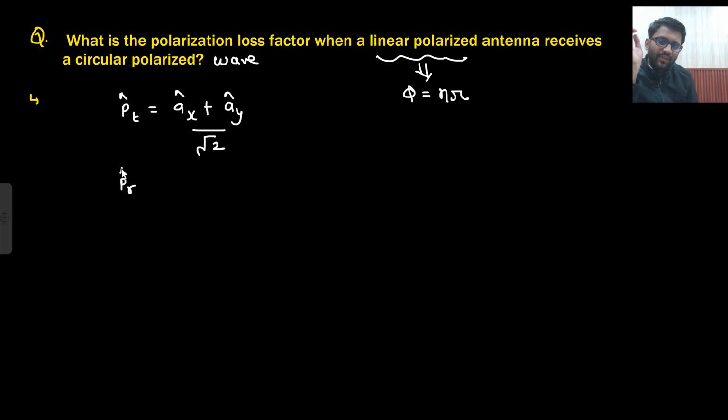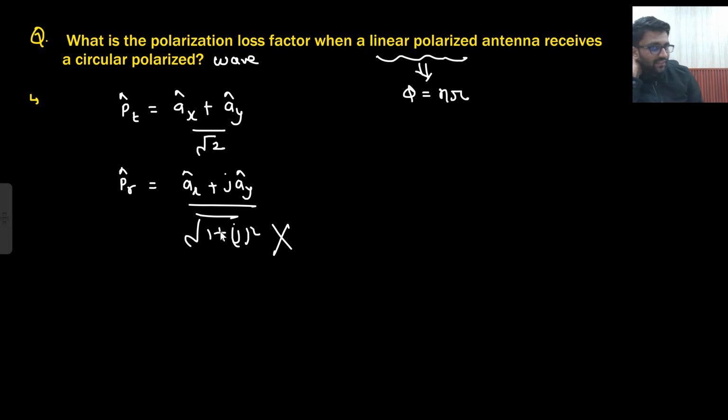And what about the received wave? This is your circularly polarized. Right? So what will be the magnitude? Will it be 1 square plus j square? No. This j is just a phase. We have proved it in the time average pointing vector. If you remember, I gave the complete derivation. I converted from phasor form to time domain form, and then I told you it is just a phase. It will never come into action when we are talking about the magnitude.